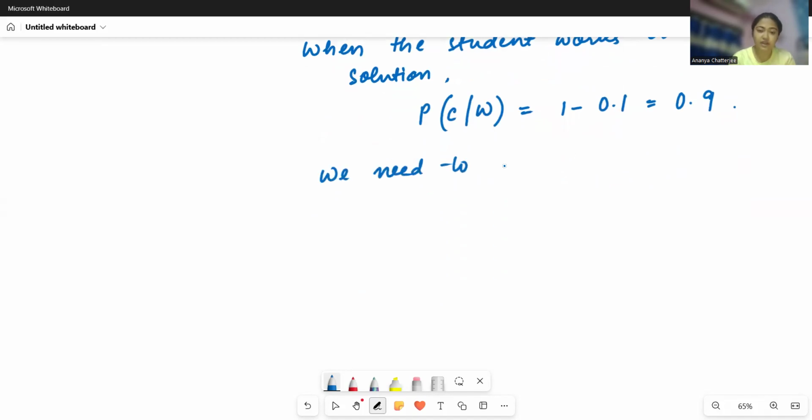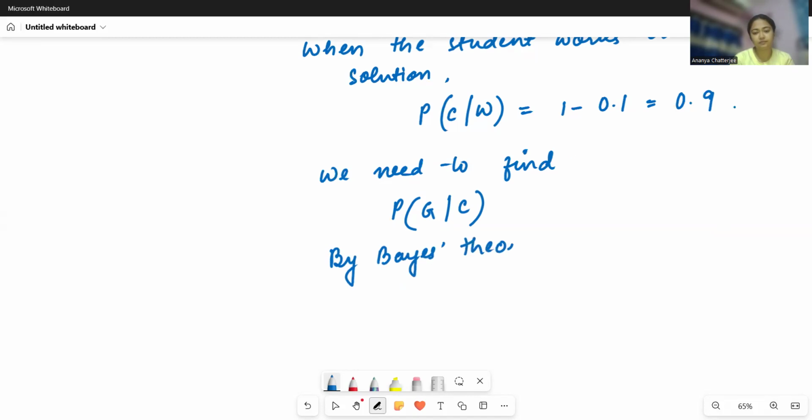Okay. Now we proceed. We need to find what is the probability that he or she guesses given that the answer is correct. So now, by Bayes theorem, what is Bayes theorem?